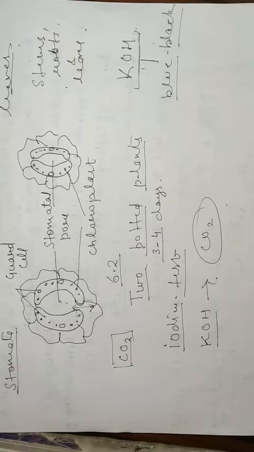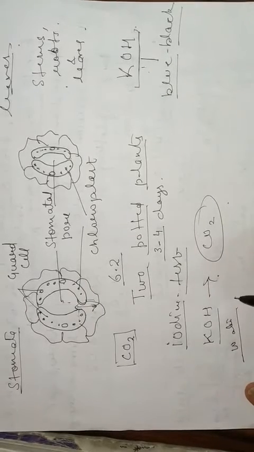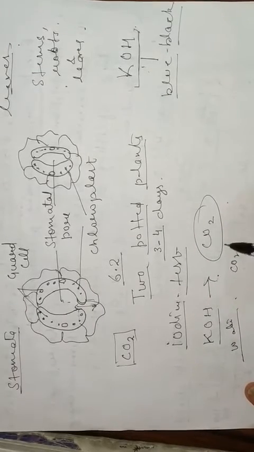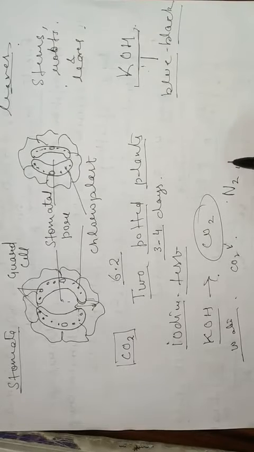Now we need other raw materials for building their body. Water used in photosynthesis is taken from the soil, carbon dioxide from the atmosphere. Other materials like nitrogen, phosphorus, iron and magnesium are taken up through the soil.